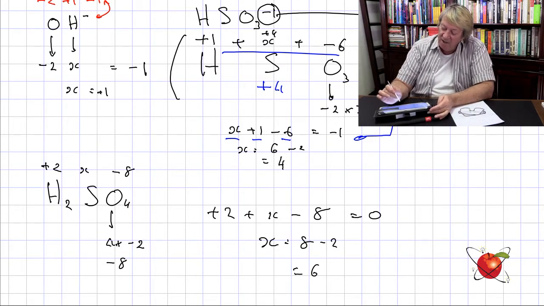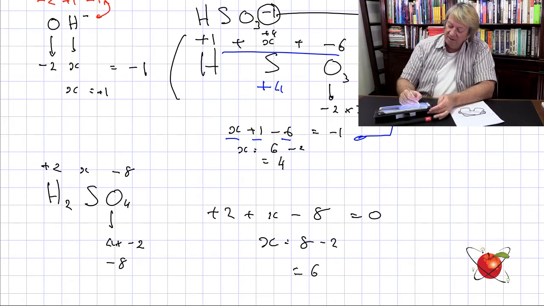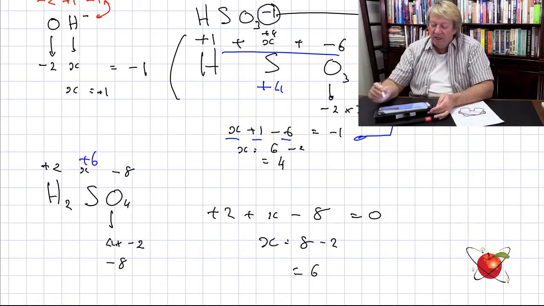So can you see that in going from the bisulfite, the HSO3, to H2SO4, the sulfur's oxidation number has changed. That's an indication of either gaining or losing electrons in this process, isn't it?